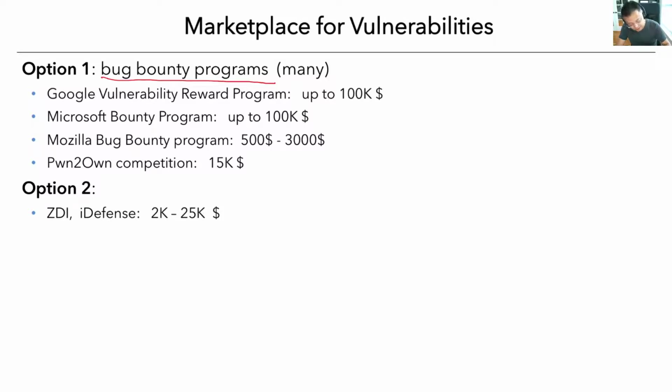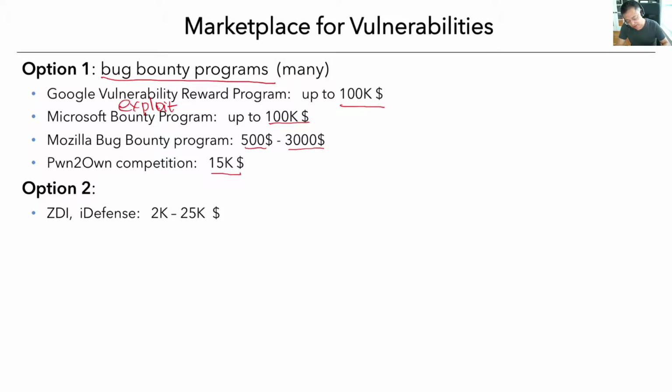Normally this is more of an exploit reward program, because they want you to have a working exploit to demonstrate the vulnerability. So the Google Vulnerability Reward Program pays up to $100,000. Microsoft also up to $100,000. Mozilla $500 to $3,000. The Pwn2Own competition is $15,000.